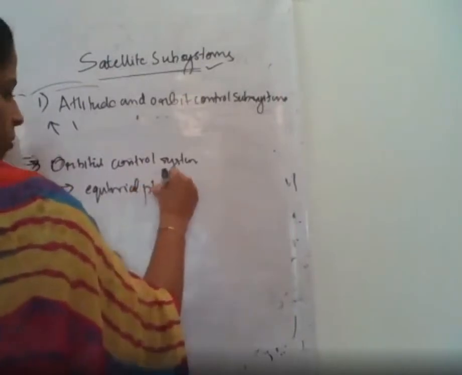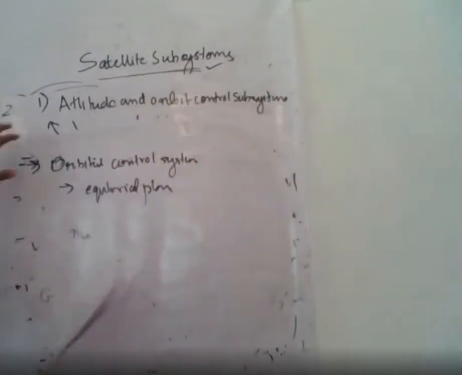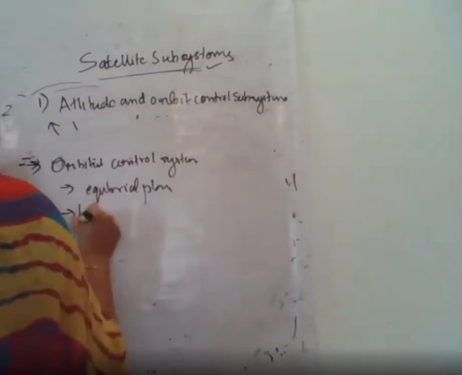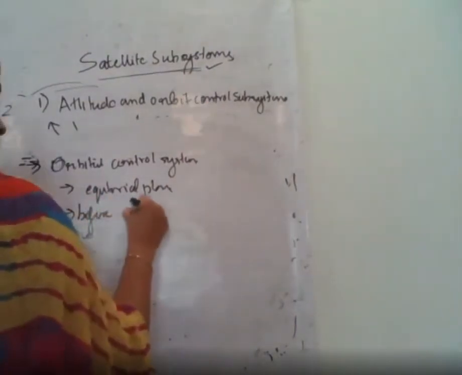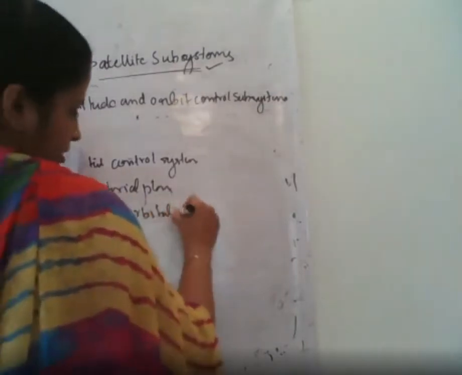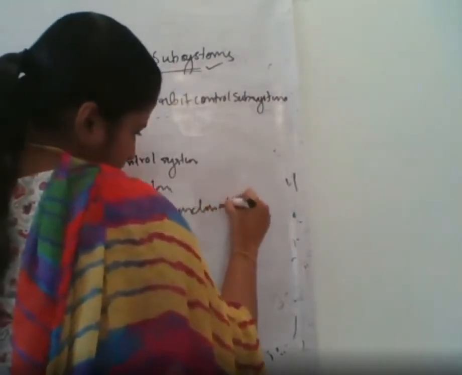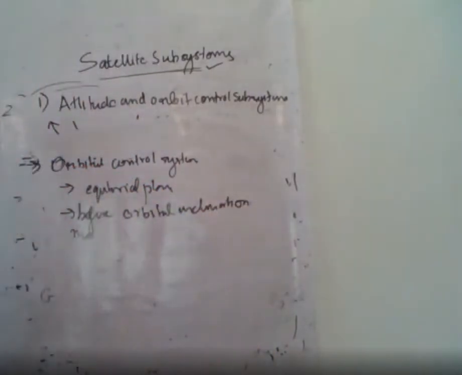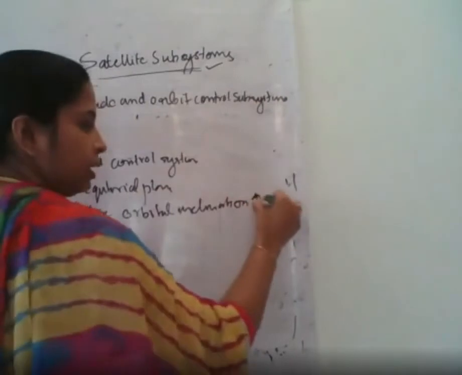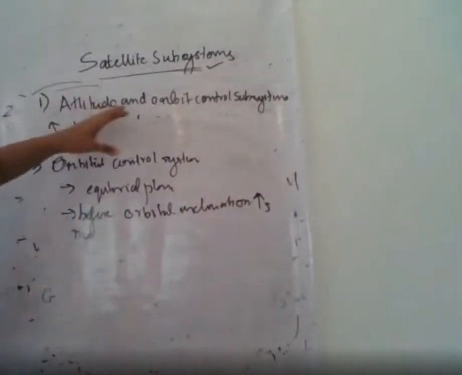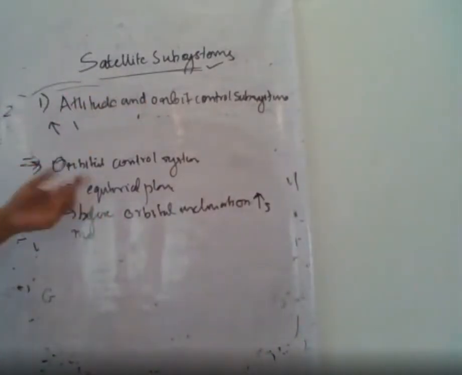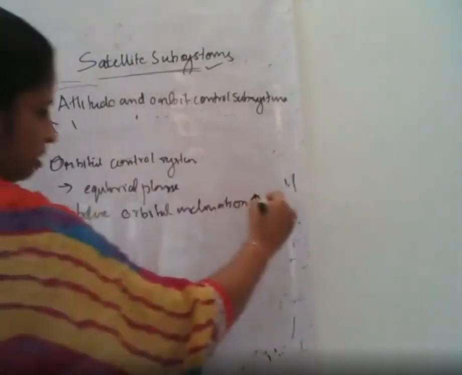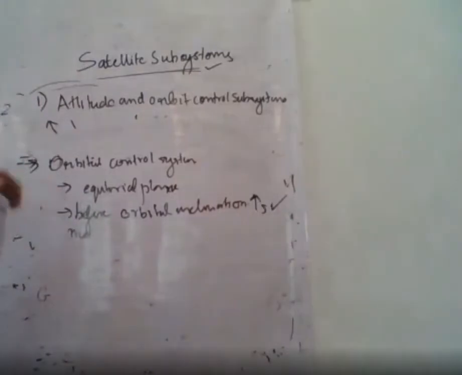That is, this orbital control system must be able to move the satellite back to the equatorial plane before the orbital inclination becomes excessive or increases. The reason for that we will study later.